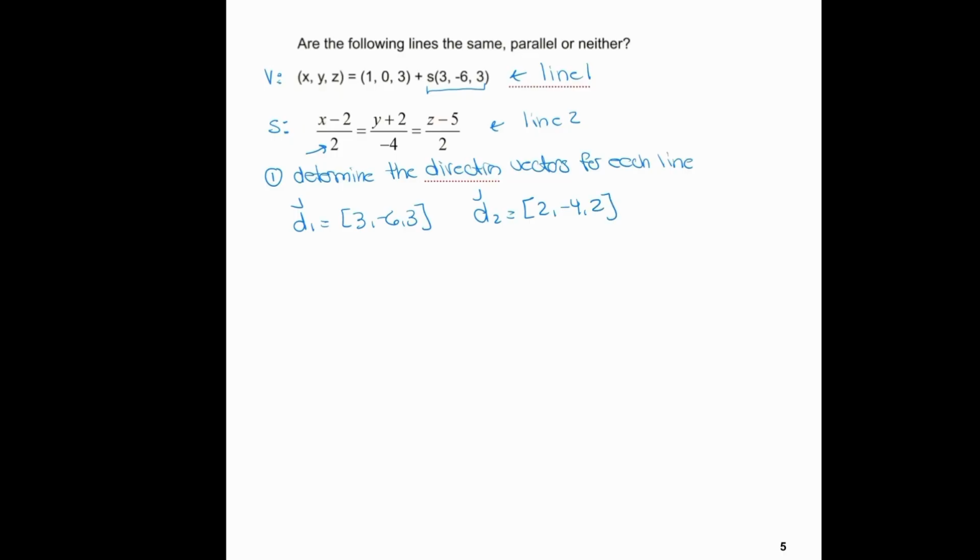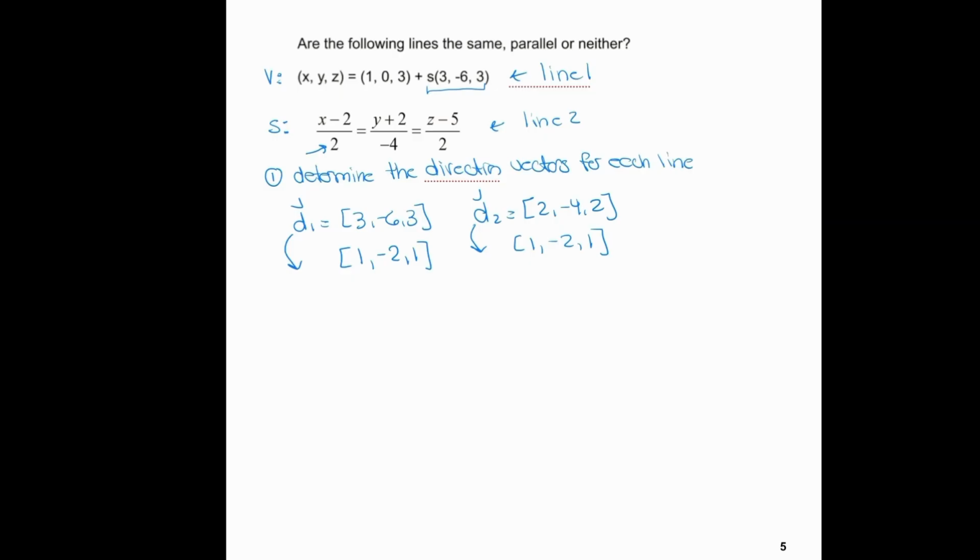I think we can see that these are scalar multiples of each other, but let's go ahead and prove it by reducing each of them to their lowest possible form, the same way that we would if we had a regular straight line and a slope of y over x. I can reduce this one to 1, -2, 1 just by dividing 3 out of it. This one I can reduce as well to also 1, -2, 1, by pulling out a factor of 2.